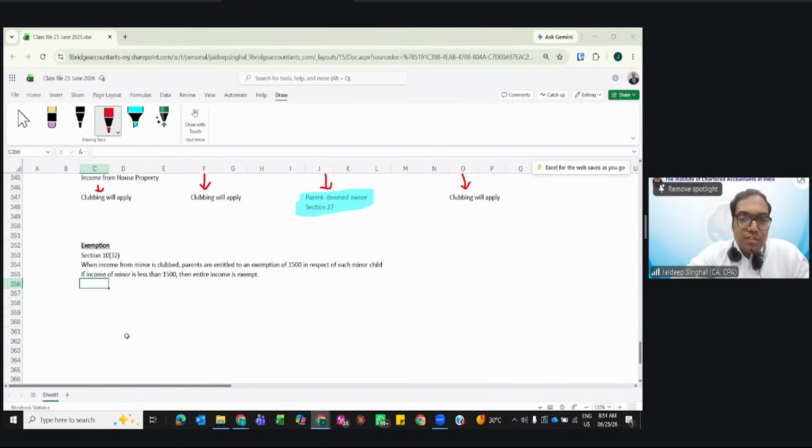This exemption is available only in the old regime.